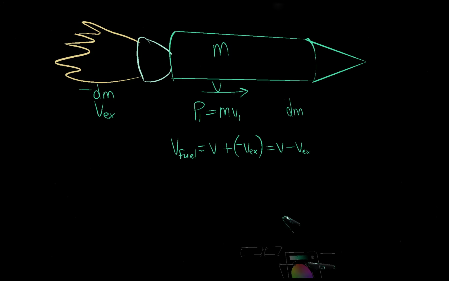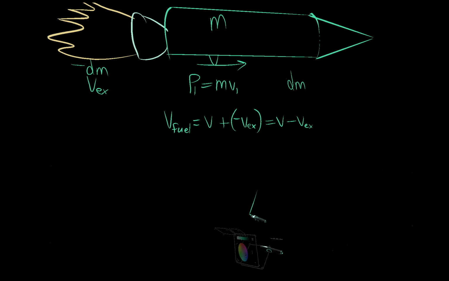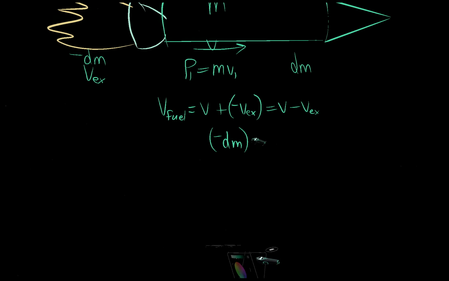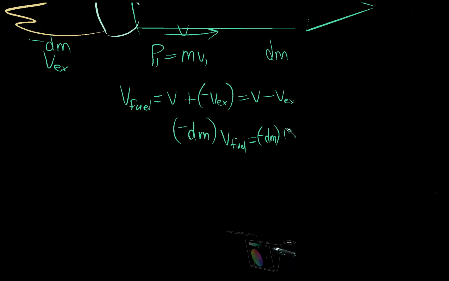The momentum of the ejected mass, being minus dm, is minus dm times v fuel, which is equal to negative dm times v minus v exhaust.